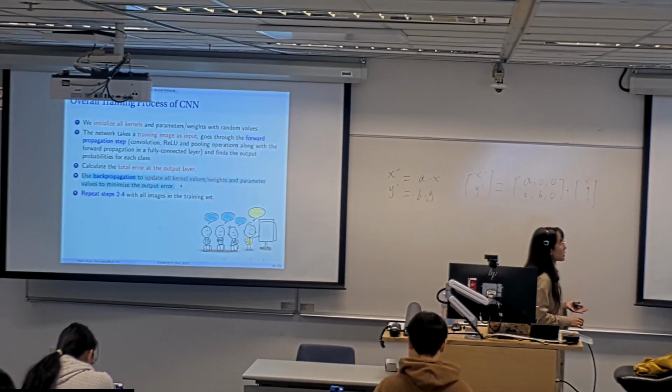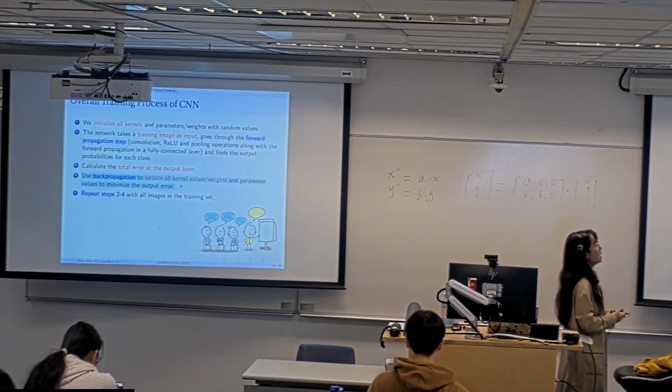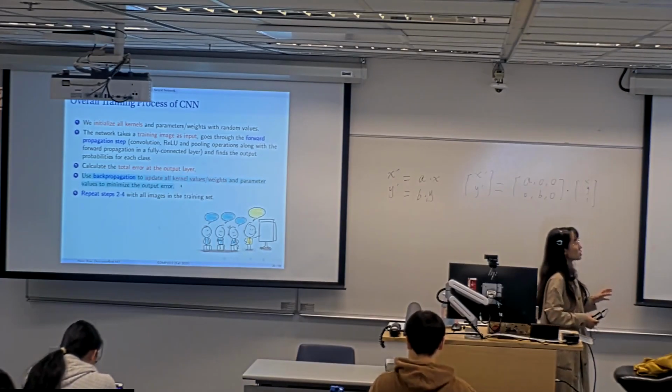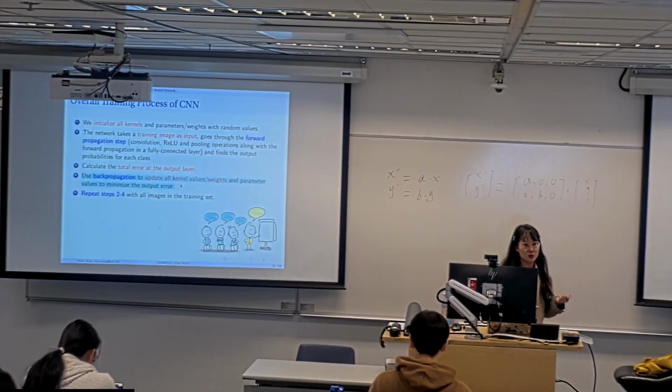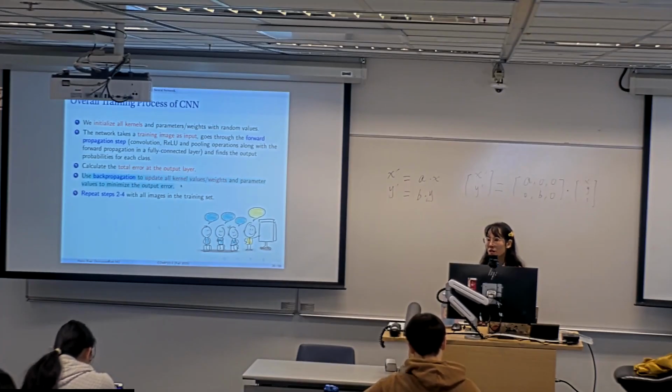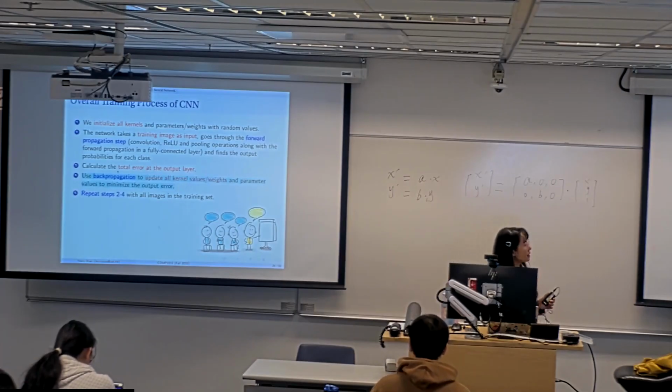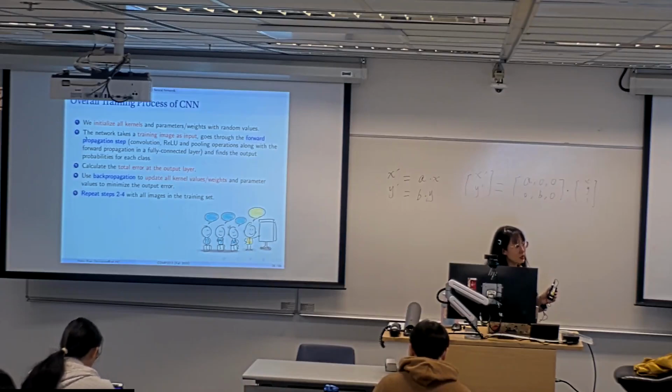So we use backpropagation to update all kernels, weights, and other parameters in order to minimize the output error. We know the ultimate goal, or we can say the only goal, of training a neural network is to minimize the error function. And the same for CNN. And then we finish one step. One step is forward propagation and backward propagation for one data sample.